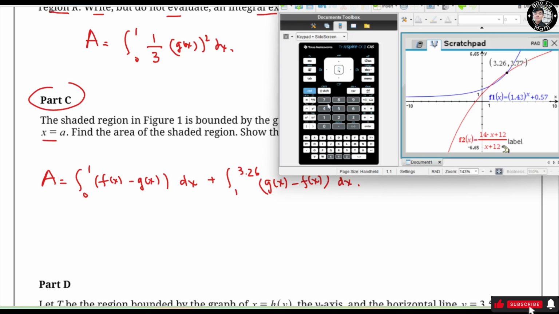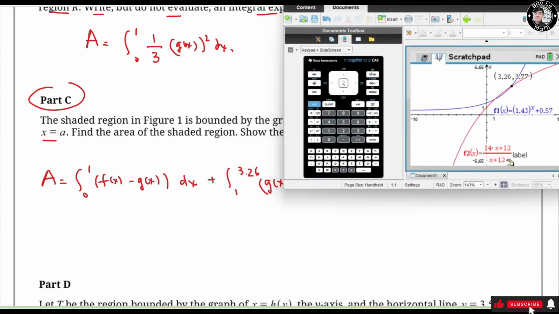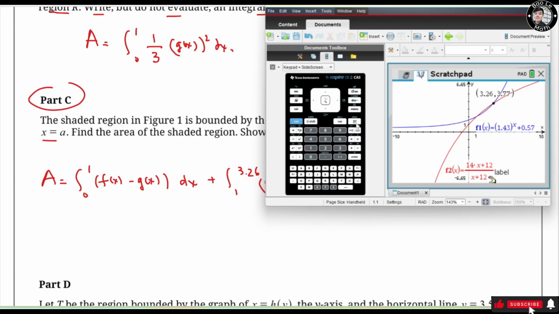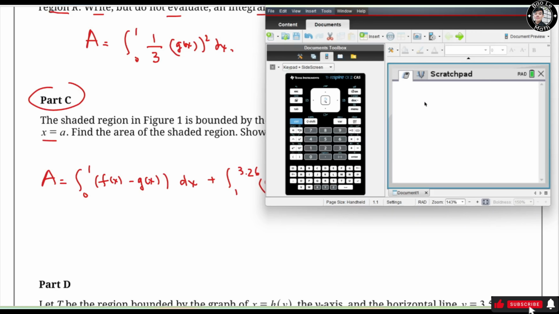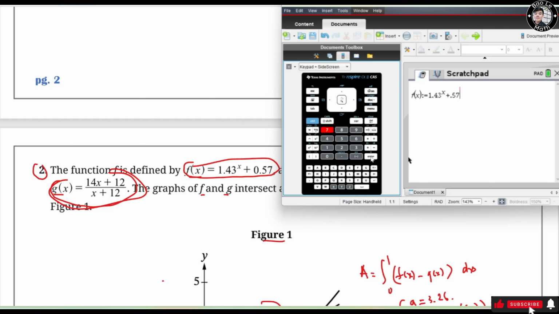So I need to store the functions. I'm going to press home screen, go to calculate. Now I'm going to input f of x and press control and the store button right here. Alright, f of x equals, and press enter. Now I'm going to store the second function g of x. I do exactly the same thing, right?